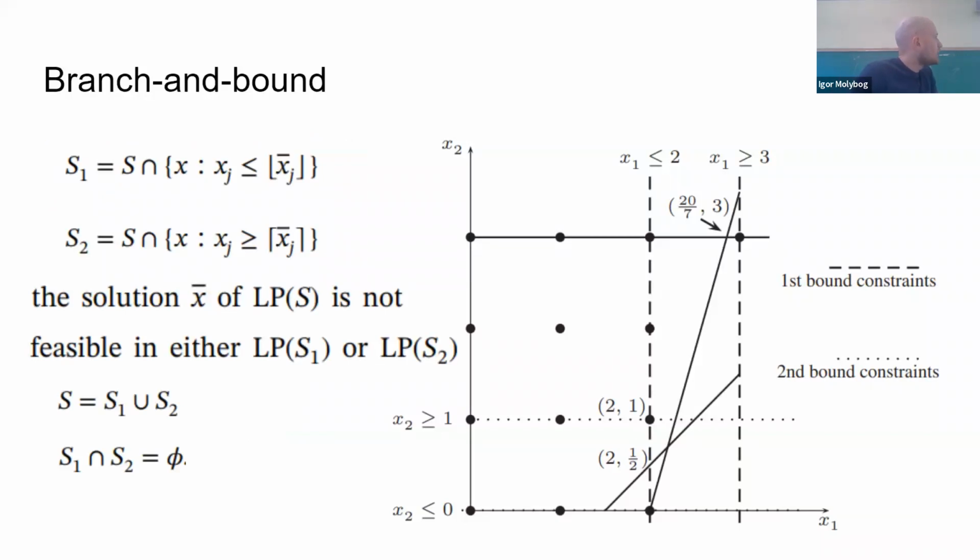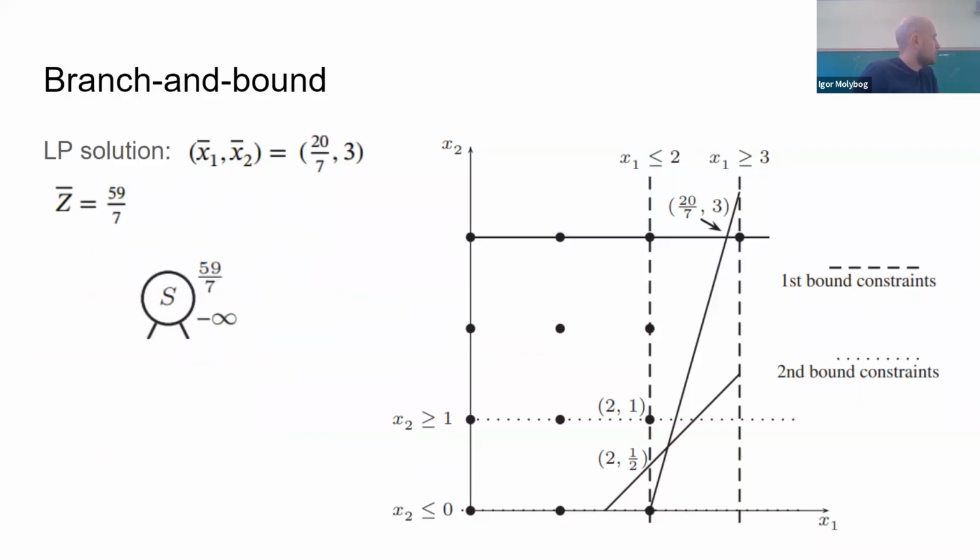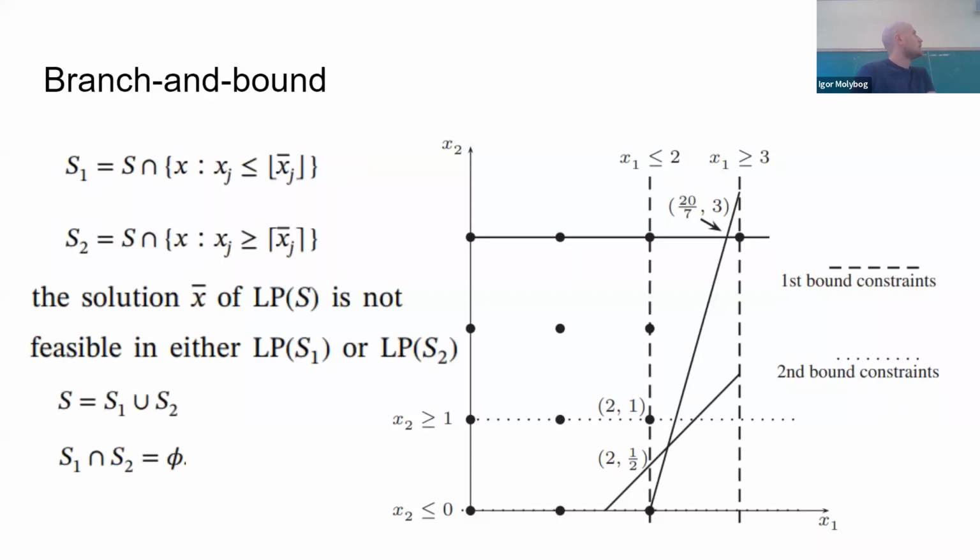Okay, so branching. The only variable that we should branch on here is the first variable, just because it's fractional. Branching on the first variable consists in adding a constraint, but you're adding it twice. So from one problem you get two problems.